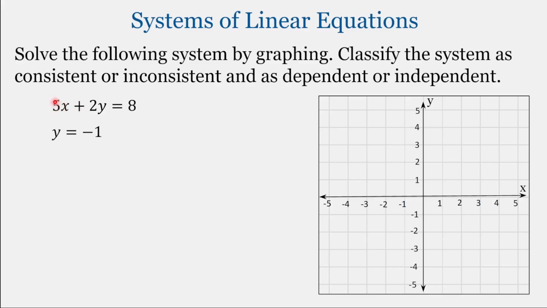That's going to end up with a fraction for an intercept. And that may affect the accuracy of our graphing since we are doing this by hand. So in this case, I'm going to go ahead and convert this to slope-intercept form. So we have 5x plus 2y equal to 8.